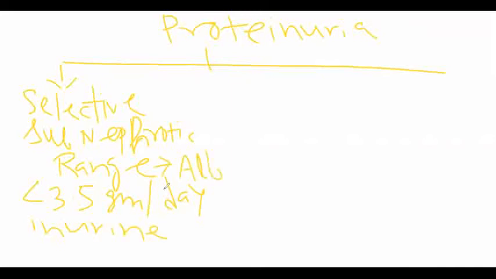That means if you get albumin concentration less than 3.5 gram per day in urine, this is known as selective subnephrotic range proteinuria.